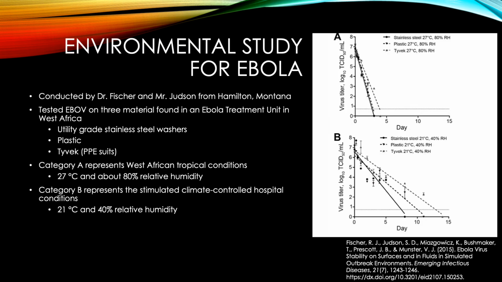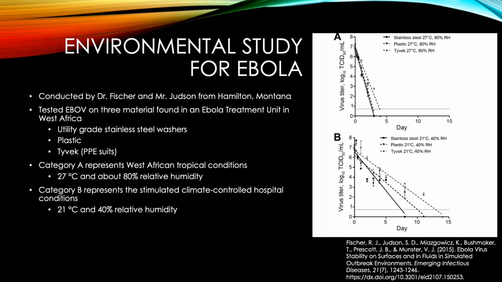There was a study that was conducted by Dr. Fischer and another scientist named Mr. Judson from the Virus Ecology Unit at Rocky Mountain Laboratories in Hamilton, Montana. They wanted to know how long Ebola could live on a surface, so they tested Ebola on 3 materials found in an Ebola treatment unit in West Africa.